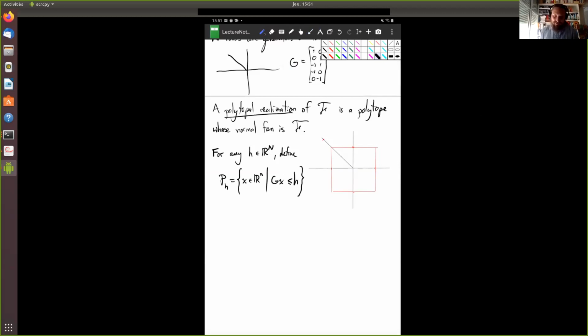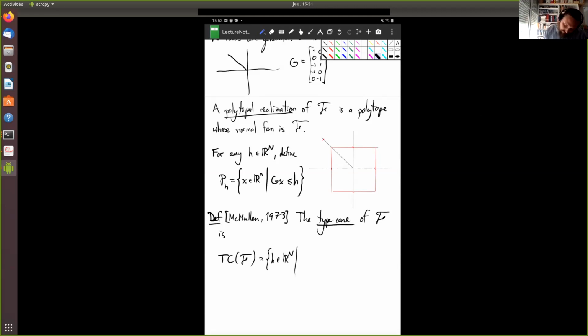And this is what McMullen in 1973 called the type cone of a fan. So the type cone of the fan F is the following set: TC of F, TC for type cone, the set of all H's in R^N such that P of H is a polytopal realization of the fan.